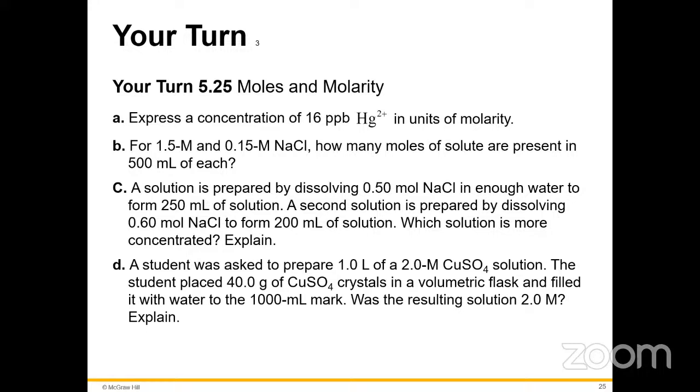And the question is, is the resulting solution 2.0 m? Well, in order for us to answer that, we need to determine the molar mass of copper 2 sulfate. So, can somebody tell me, let me do it up here. What's the molar mass of copper?